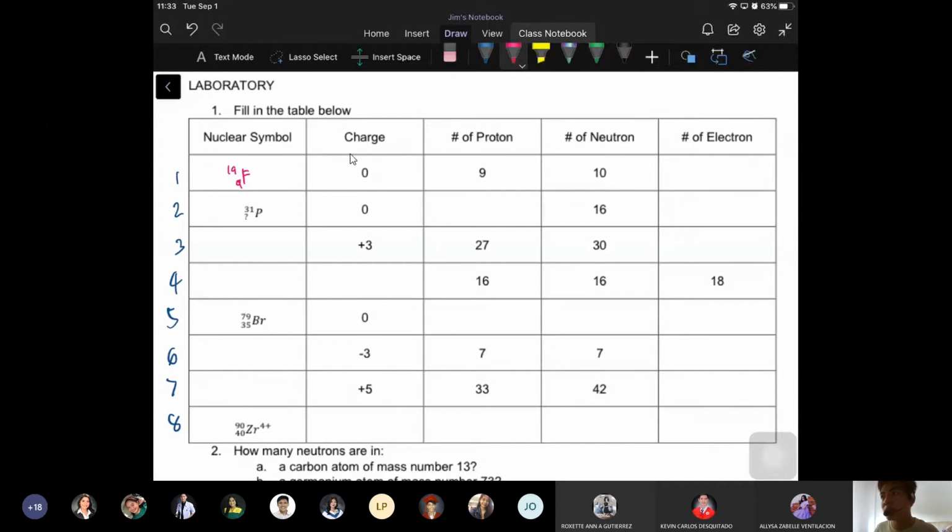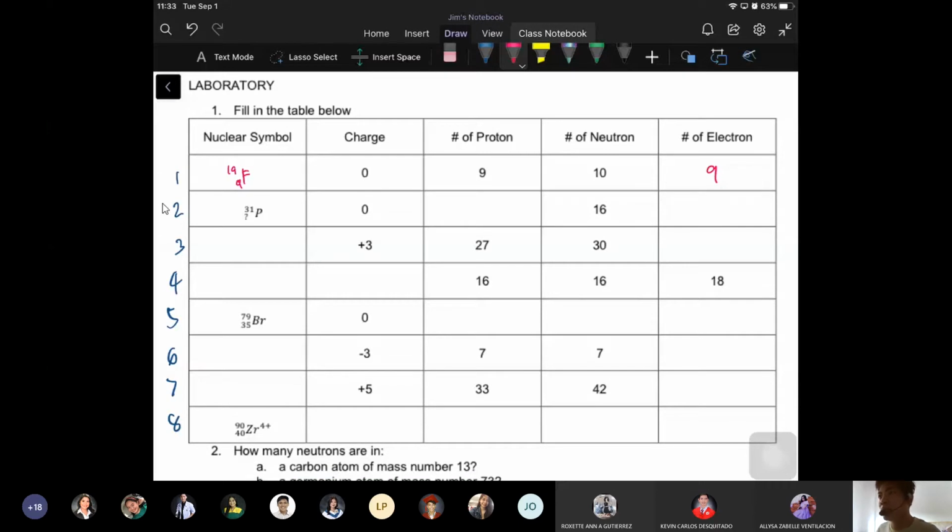If the difference is 0, the charge is 0, that means the number of protons is the same as the number of electrons. So dapat 9 din to. Okay, so I just filled out the first row. Nuclear symbol, 19, 9, F. Charge is 0, proton is 9, neutron is 10, electron is 9.